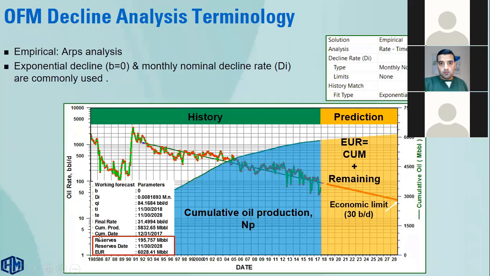At this point, in 2017, we have the final rate, this value, and the cumulative production, while the estimated reserve of this value is at 2028, and finally the EUR, or estimated ultimate recovery, which is the cumulative production plus the remaining reserve.